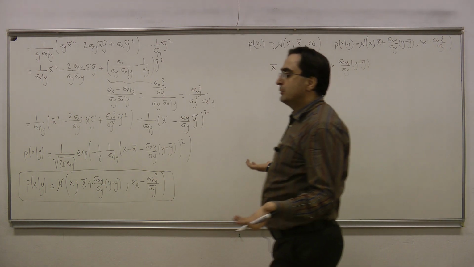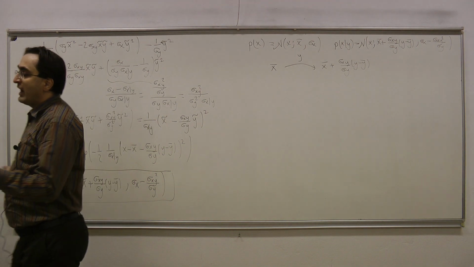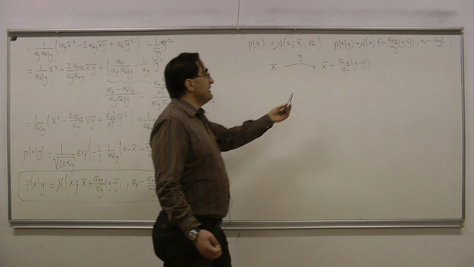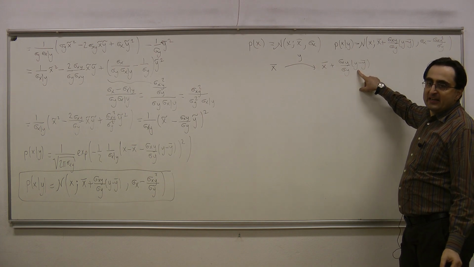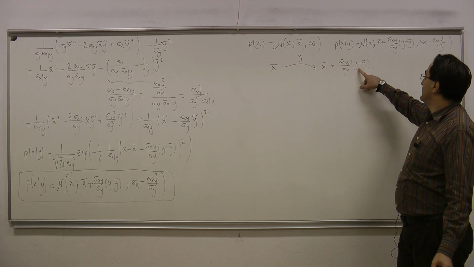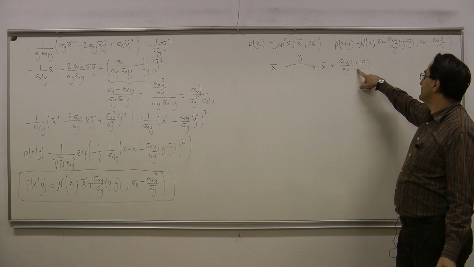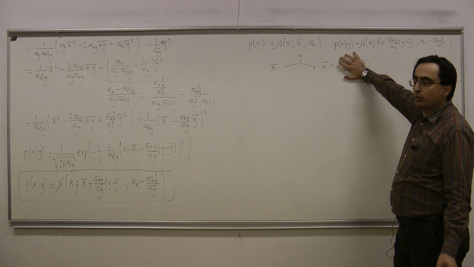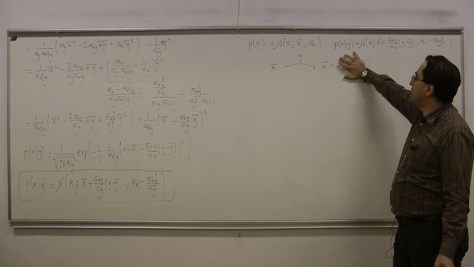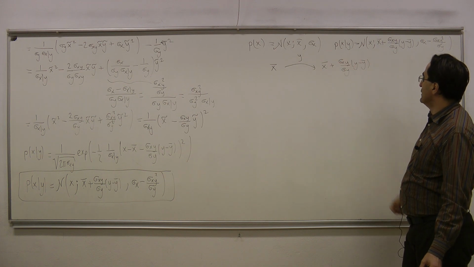Depending on the value of y, the posterior mean of x changes. If the measured y is exactly at its mean, the mean of x does not change from the prior to the posterior distribution.